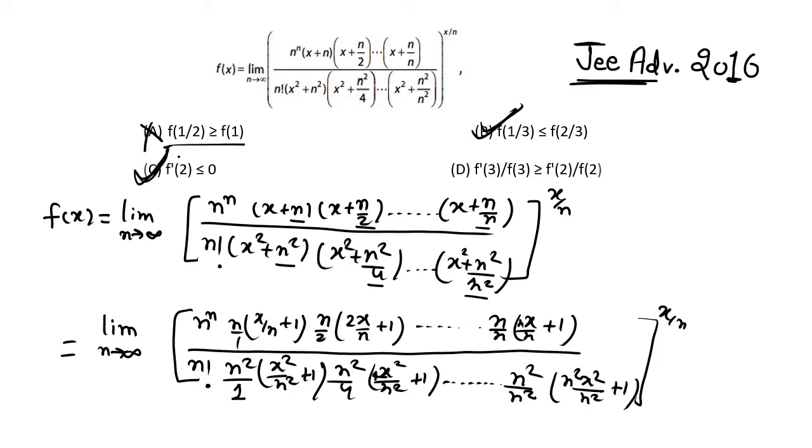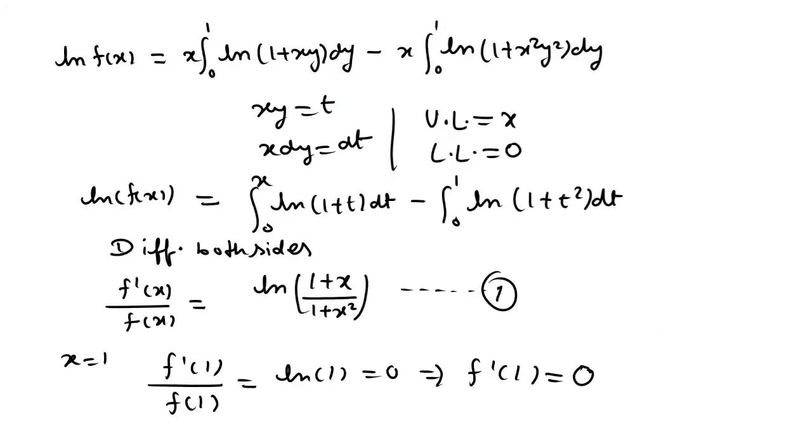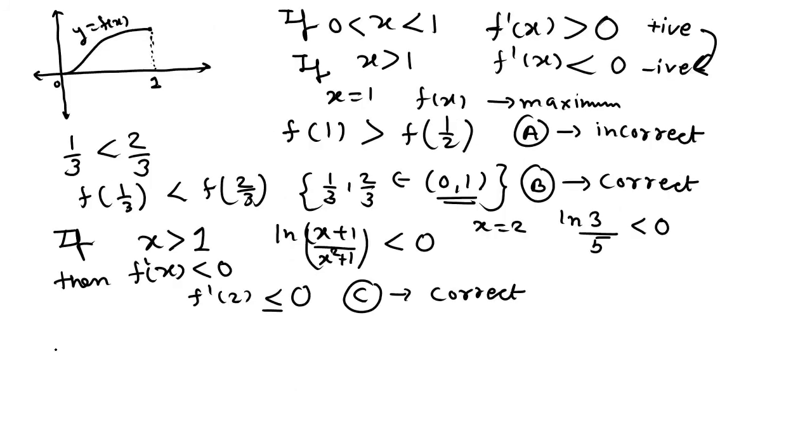Now we will check option D. What does option D say? It says that f'(3)/f(3) is greater than or equal to f'(2)/f(2). So from equation 1 we will solve for x equal to 3 and x equal to 2.